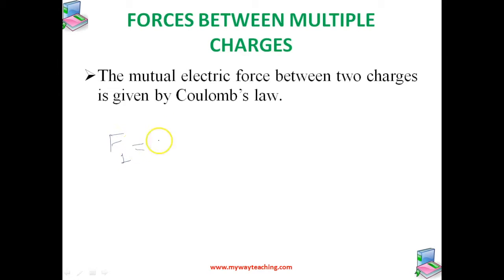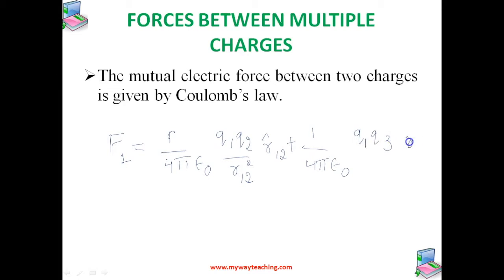That will be equal to the vector summation 1 by 4 pi epsilon naught Q1 Q2 by R12 square plus 1 by 4 pi epsilon naught Q1 Q3 by R13 square. This is the force on charge Q1 due to the other two charges Q2 and Q3 in a system. So this can be generalized for a system of n charges.